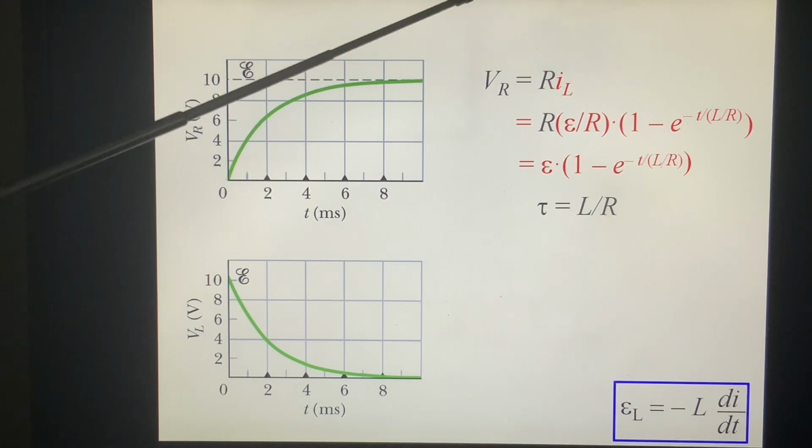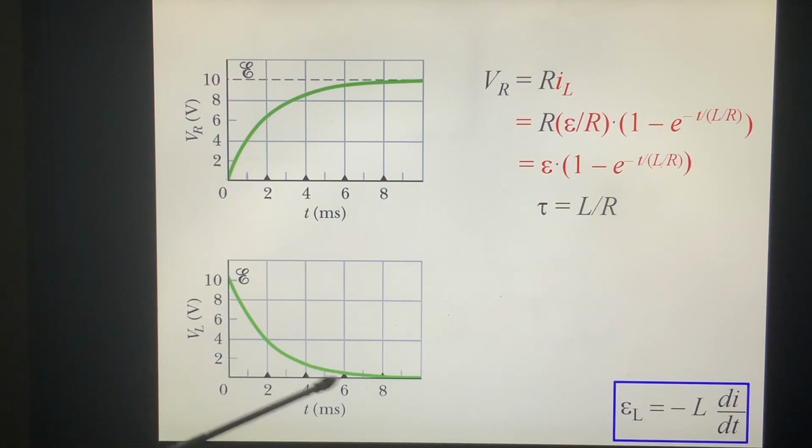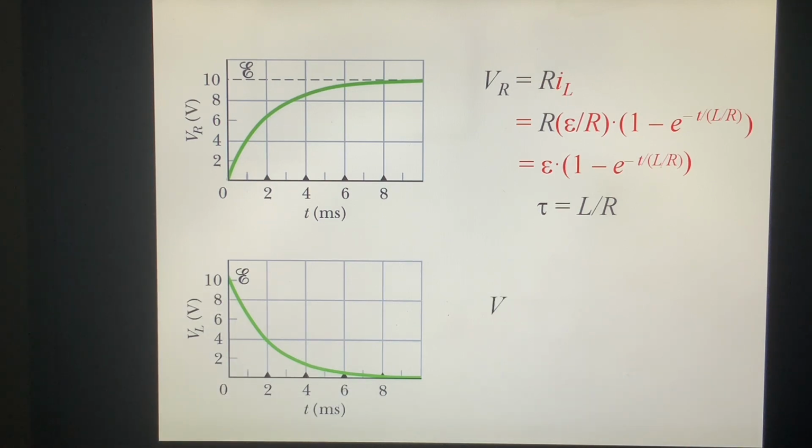It gets slower and slower. So V_L gets smaller and smaller. So V_L is equal to epsilon e^(-t/(L/R)). When t equals 0, this is 1, so V_L is very large because of self-inductance. And when t equals infinity, V_L equals 0. And the time constant is tau_L.